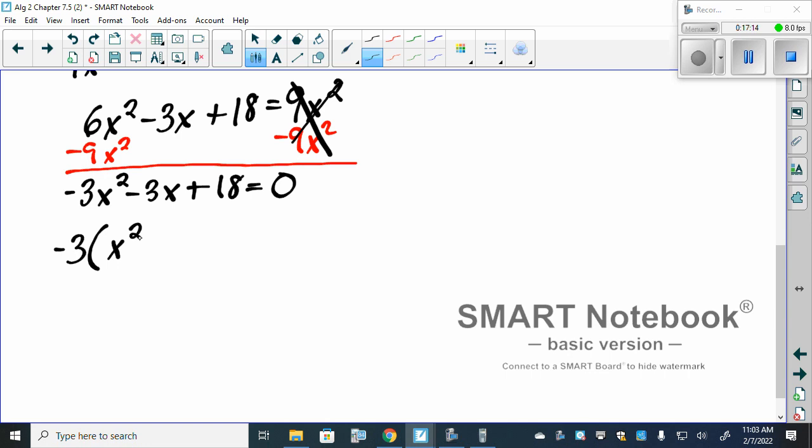If we factor negative 3 out of negative 3x, negative would change it to plus, and we have x minus 6. So the negative really just changed the sign, so the x squared became positive, the x became positive, and the 18 became negative. Factoring out the 3 left us with x squared, x, and 6.